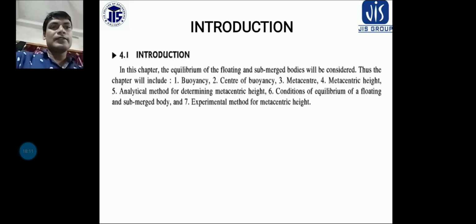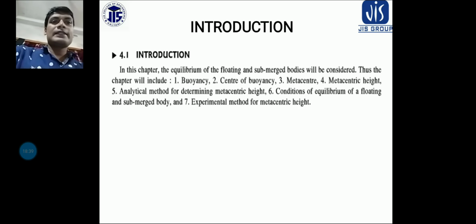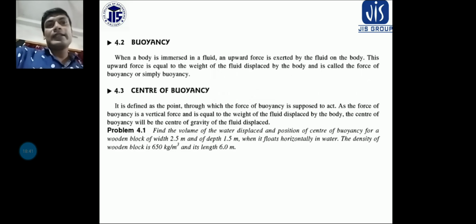Thus in this chapter, the buoyancy, center of buoyancy, metacentric height, analytical method for determining metacentric height, condition of equilibrium of a floating and submerged body, and experimental method of the metacentric height, it will be discussed. But in your syllabus point of view, only the stability of the floating body is given. So we will be discussing first of all the buoyancy.